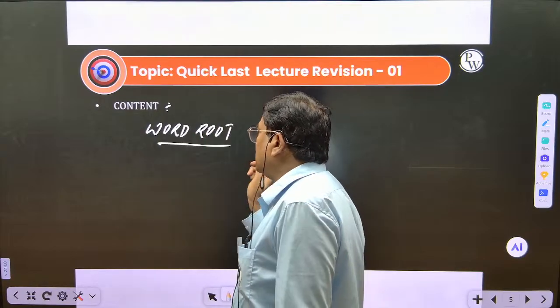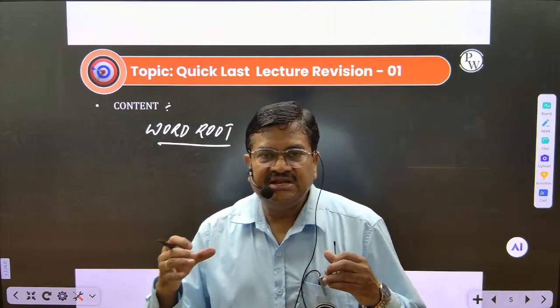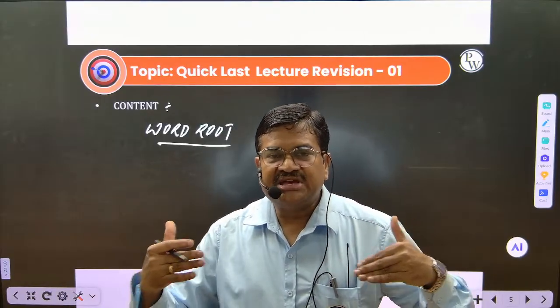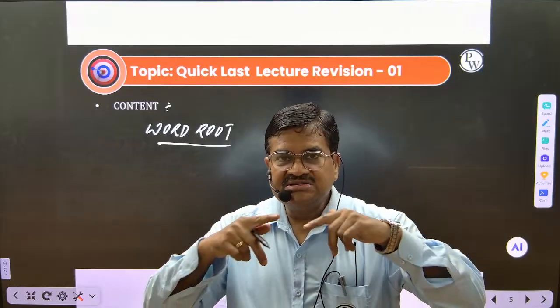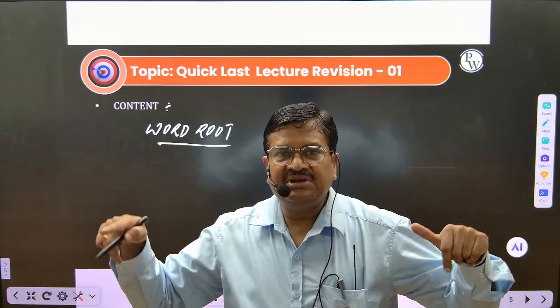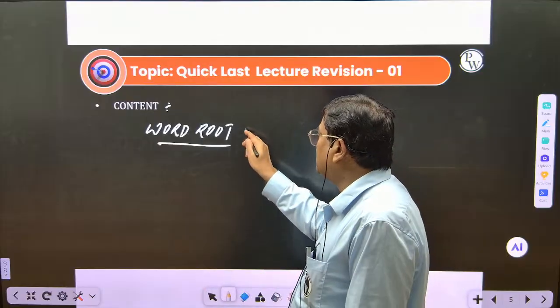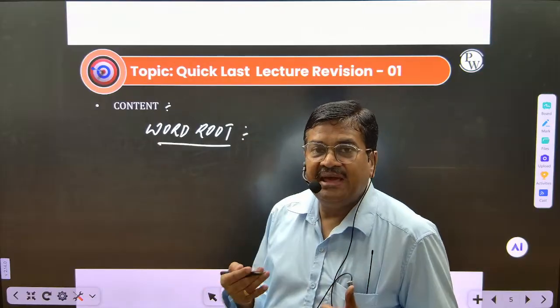Word root tells how many carbons are present in the long chain. Whenever a compound is given, first select the long chain. The long chain need not be straight. It may even be zigzag. Getting my point? So word root tells how many carbons are present in the parent chain.